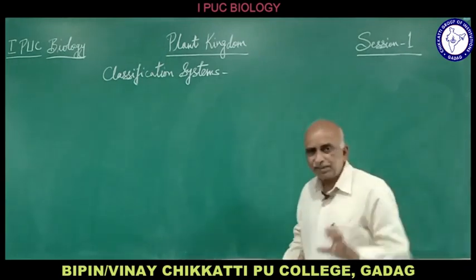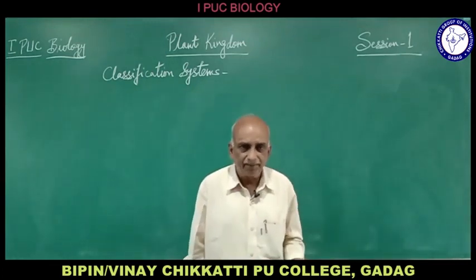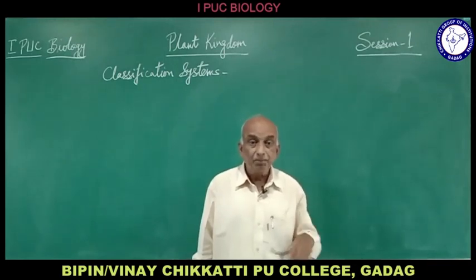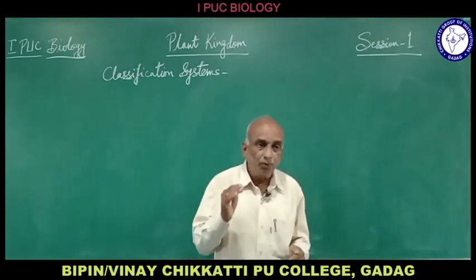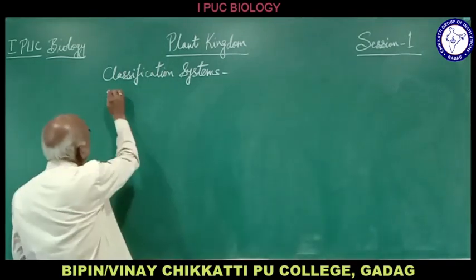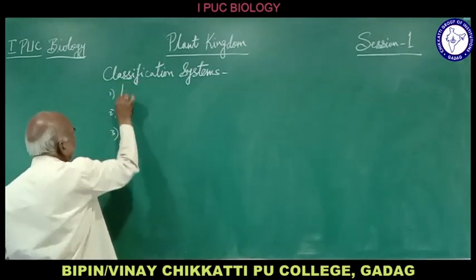Now all the systems which are proposed by different authors or scientists can be grouped under 3 categories. That means there are 3 types of classification systems.